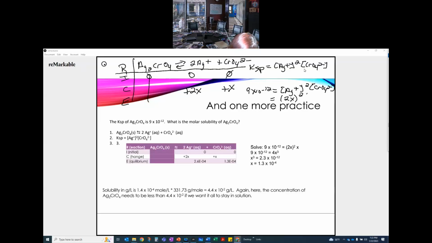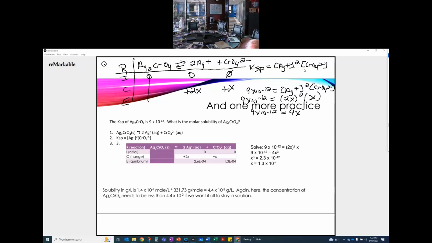And then multiply that by the x that I get from the other side, okay? So when I do the simplification, I get 9 times 10 to the minus 12 is equal to 2 times 2 is 4, x to the third, because it's squared when I do the square, and then I multiply it times x again, so that's x to the third. Okay?